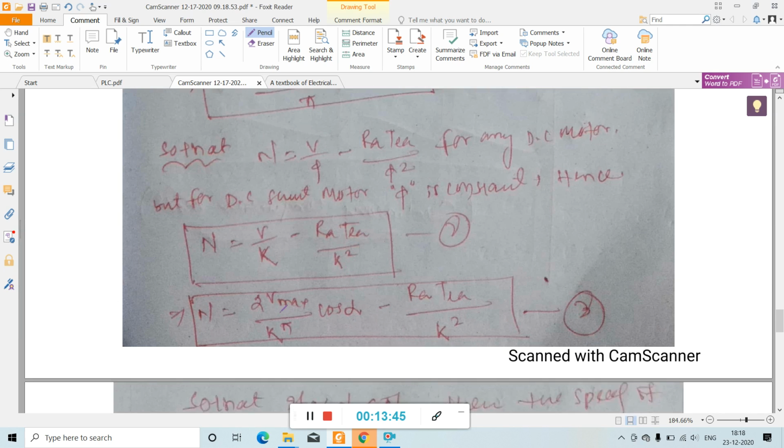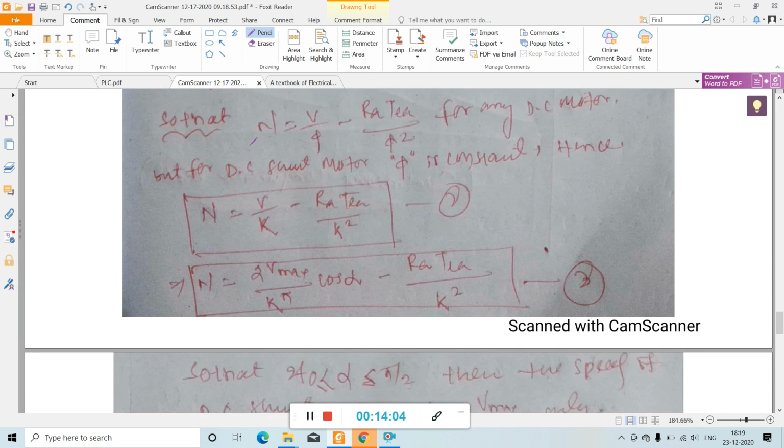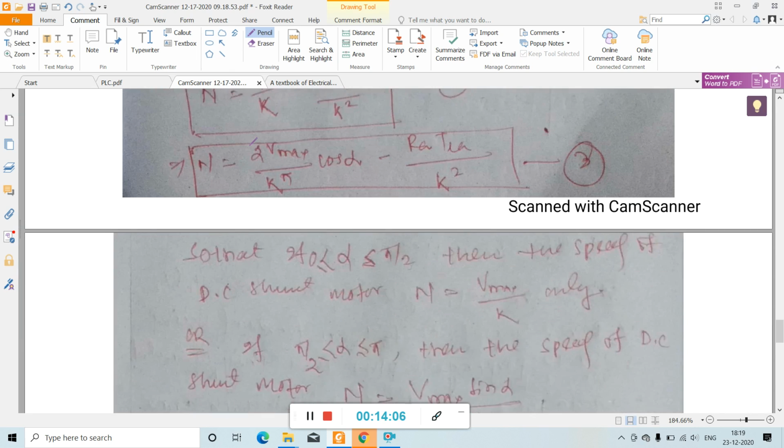Here V is the DC voltage given as input to the DC motor, which is the output of the rectifier circuit, this average output DC voltage. So this expression is put here: speed is equal to 2V max by K pi into cos alpha minus Ra T by K square.